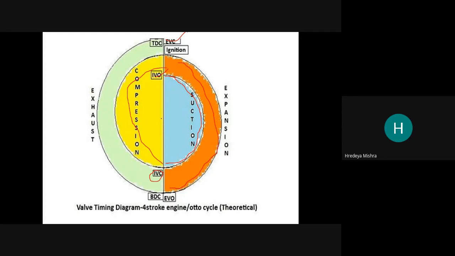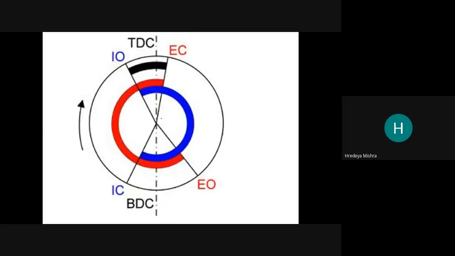The process is repeated. Now see here, the same thing is shown here, but the opening of the exhaust valve and inlet valve is for very little time. Okay, see here, this is TDC and this is BDC.